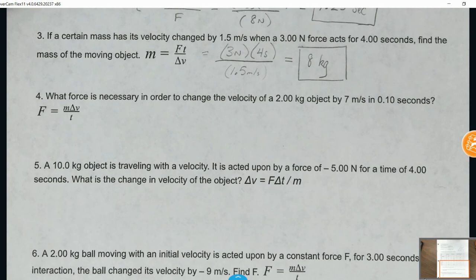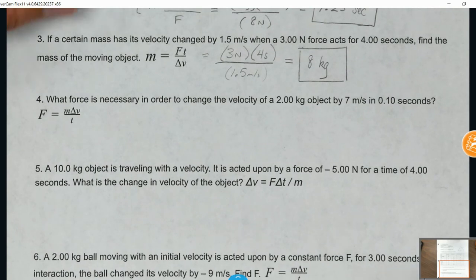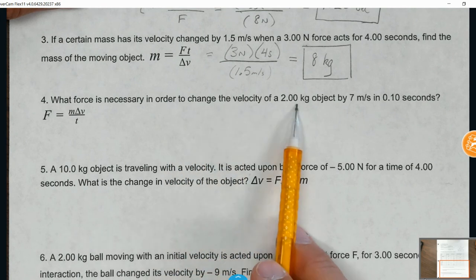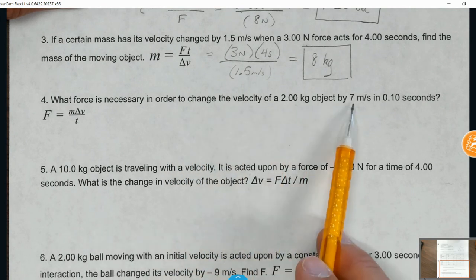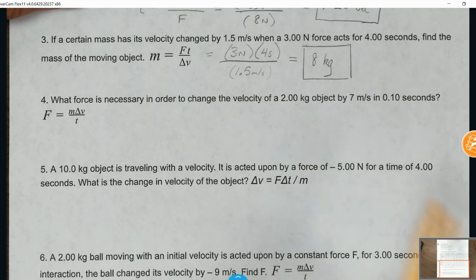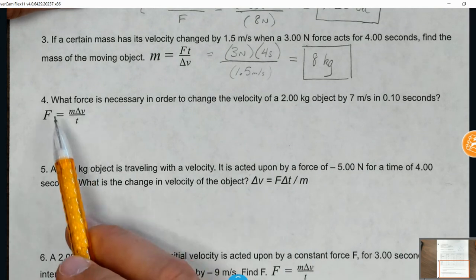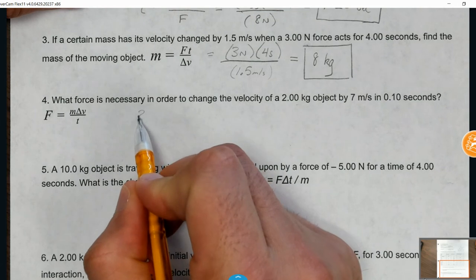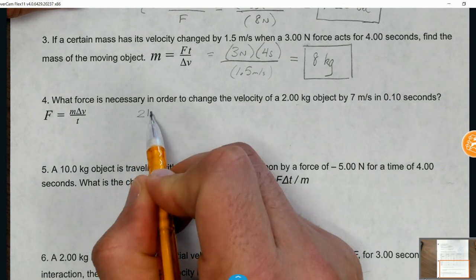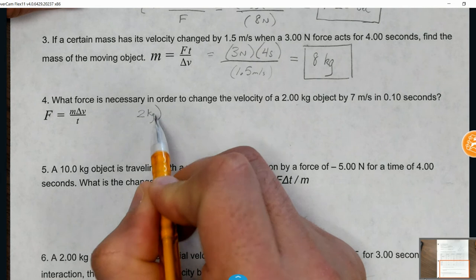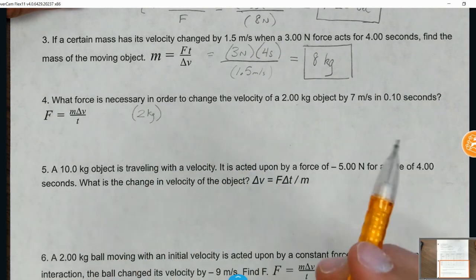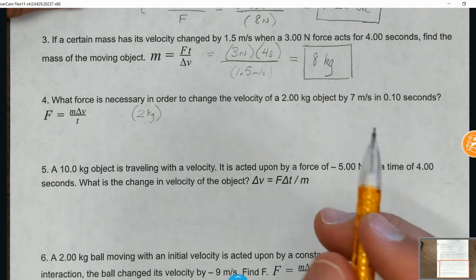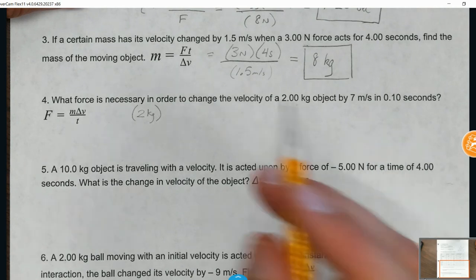Someone want to tell me what goes where in here? What force is necessary in order to change the velocity of a 2 kilogram object by 7 meters per second in 0.1 seconds? Given the equation here to solve for force, mass goes first. Mass was 2 kilograms. What about the change in velocity? How much was that?